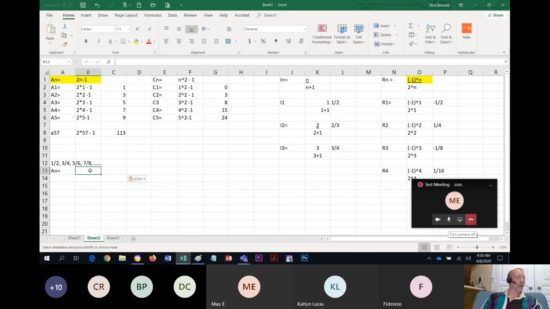Is the numerator going to be 2n minus 1? That's right, 2n minus 1. So we're going to use this nice formula for the odd numbers, because in the numerator we've got 1, 3, 5, 7. So how would you figure out even numbers on the bottom, 2, 4, 6, 8?